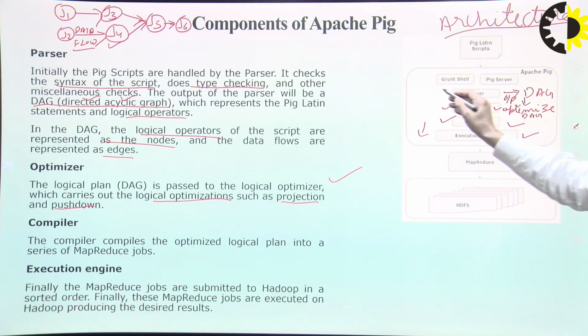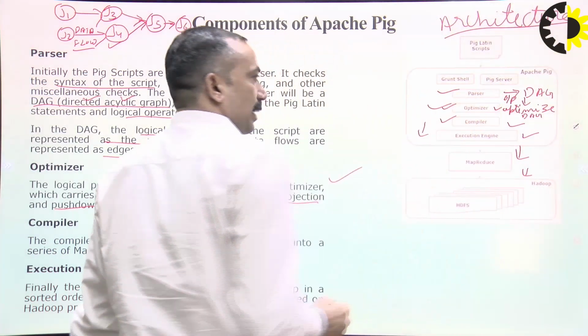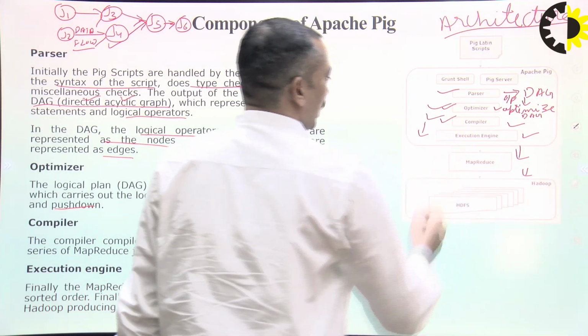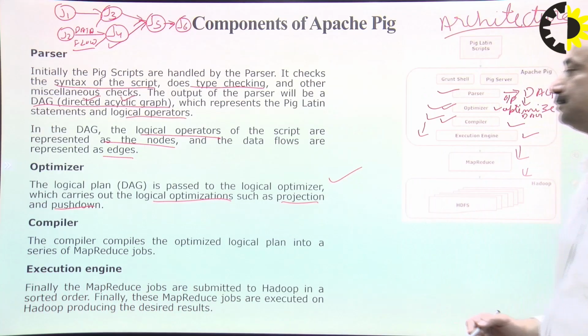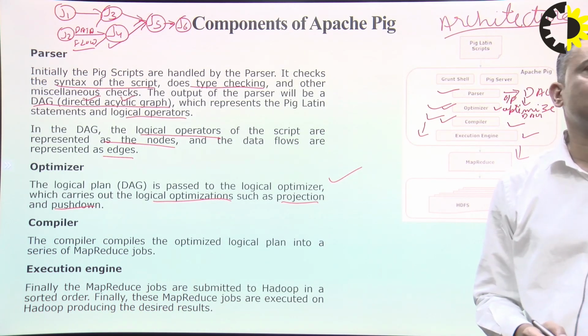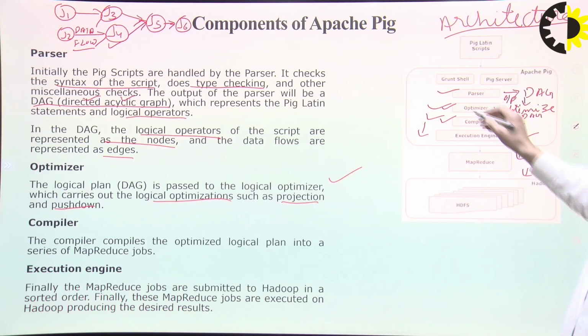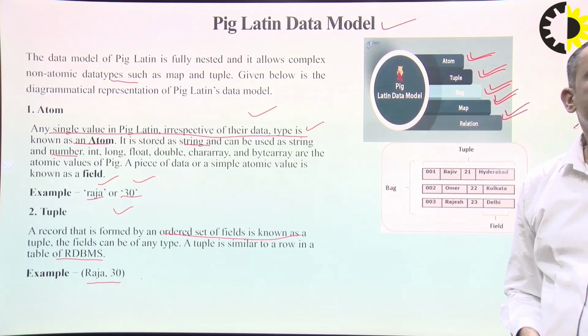Then we have the architecture and the components of Apache Pig. We have a parser to generate a directed acyclic graph. We have an optimizer to optimize this directed acyclic graph. Finally, we have a compiler to compile this logical plan into a series of MapReduce jobs. So these all are the components of Apache Pig.